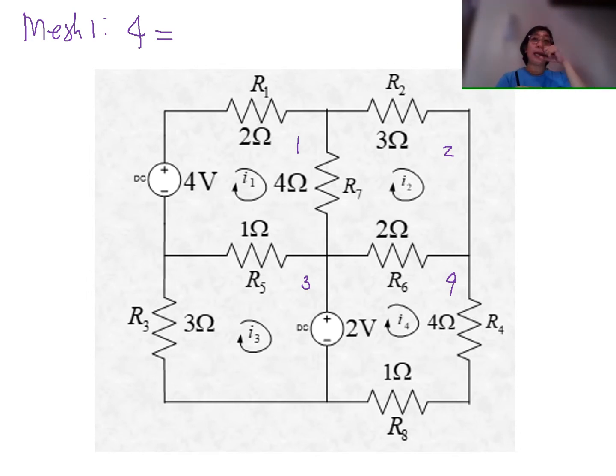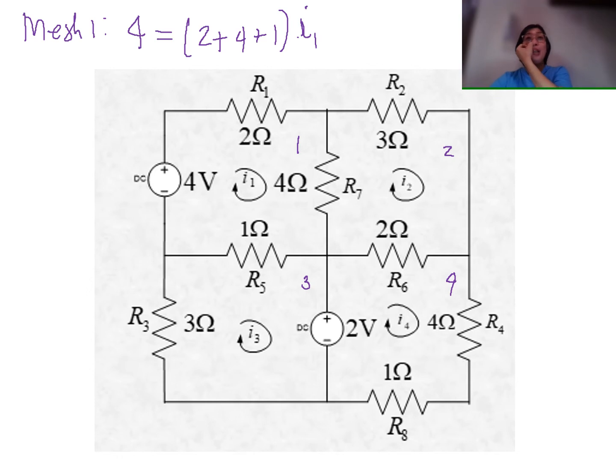All resistors connected to I1, we will treat as positive. So what are those resistances connected to I1? Those are your R1, your R7, and your R5. So we can write here (2 plus 4 plus 1) multiplied by I1.